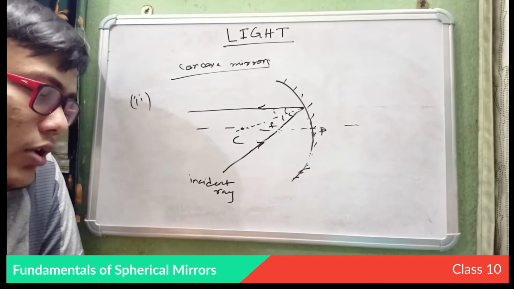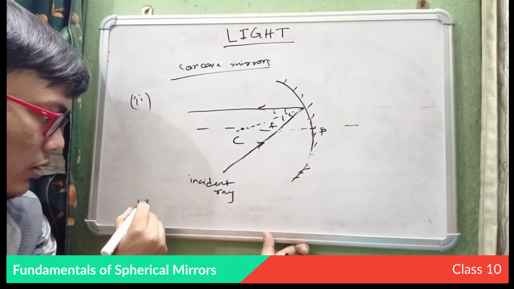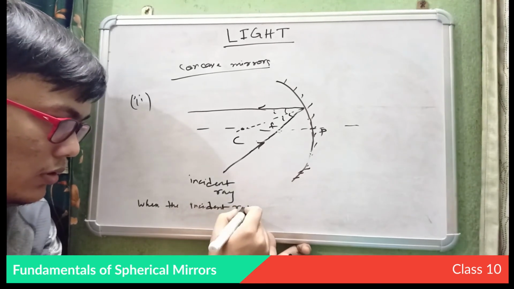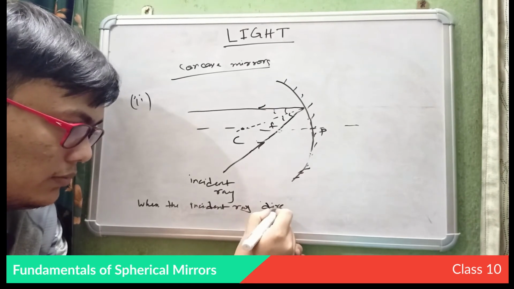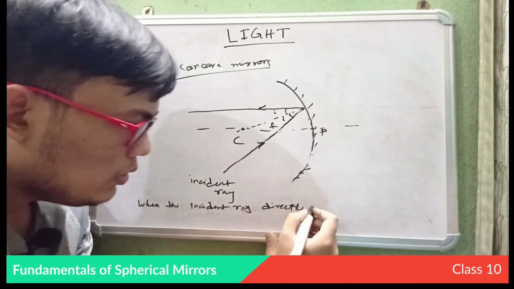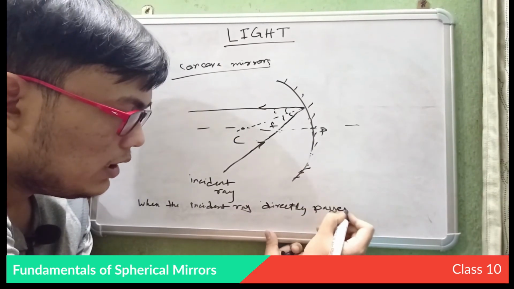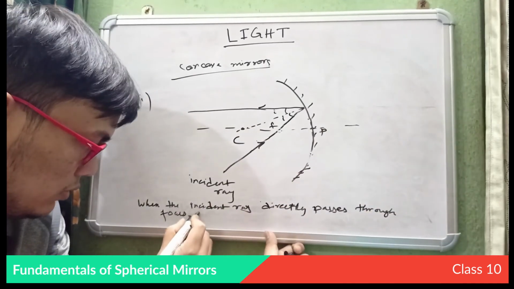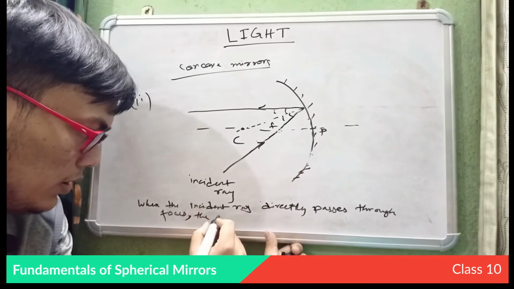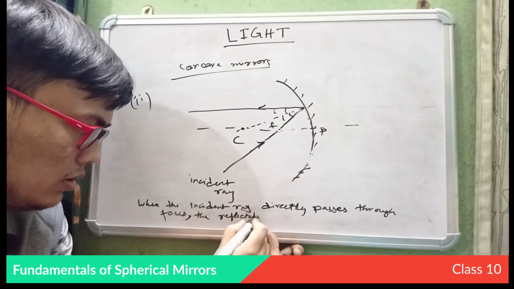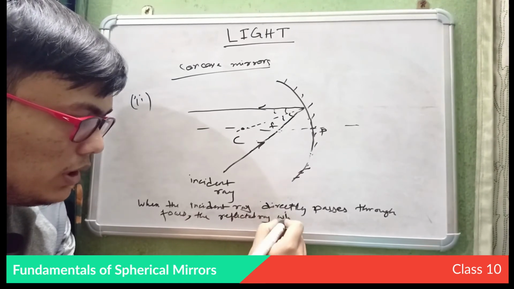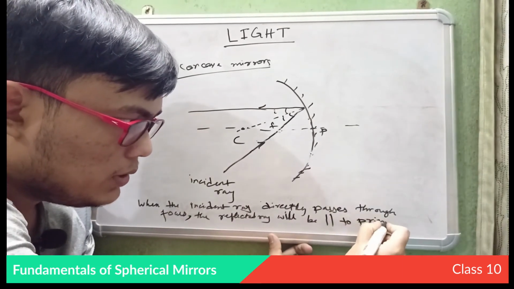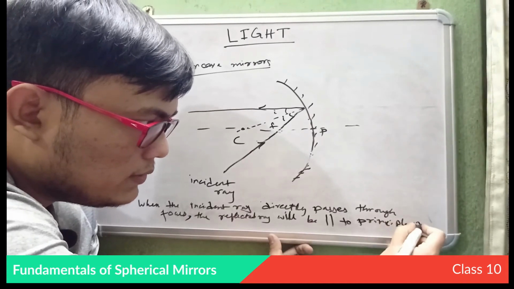Okay, so in this second condition, when the incident ray directly passes through the focus, the reflected ray will be parallel to the principal axis.